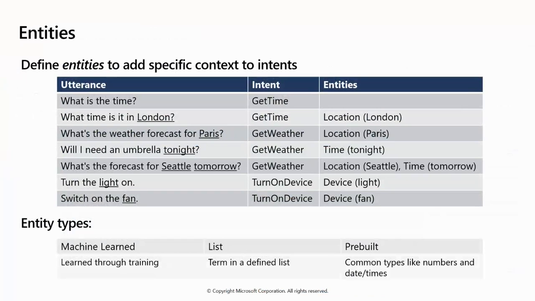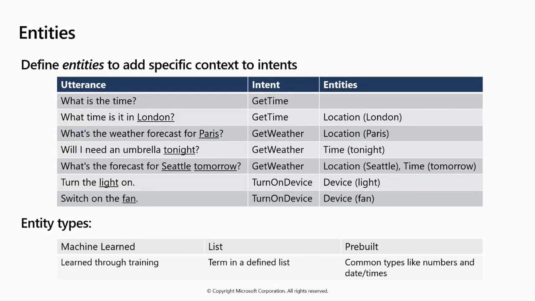It is possible to divide entities into several distinct parts. The learned entities, these are the most useful and should be used most of the time. You give a learned piece of information a name, and then use training utterances to link words or phrases to it. When you train your model, it learns how to match the right part of the utterance to the right entities.